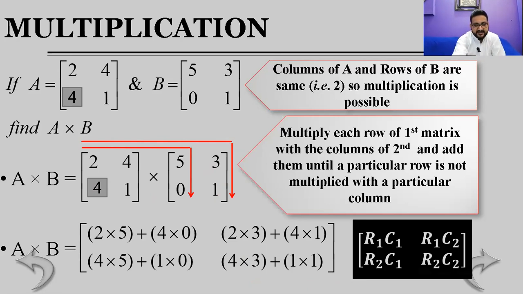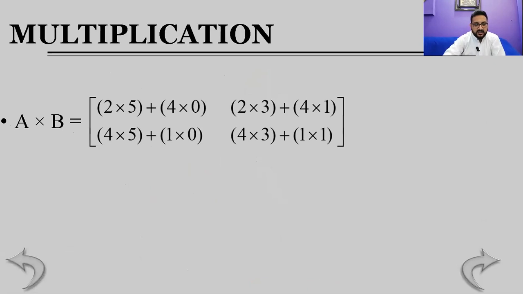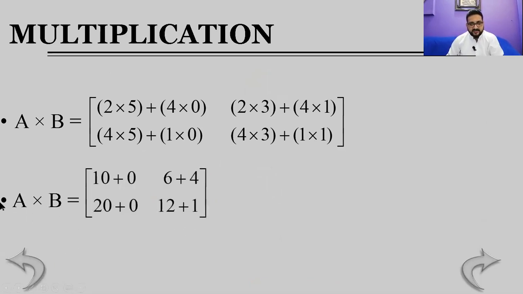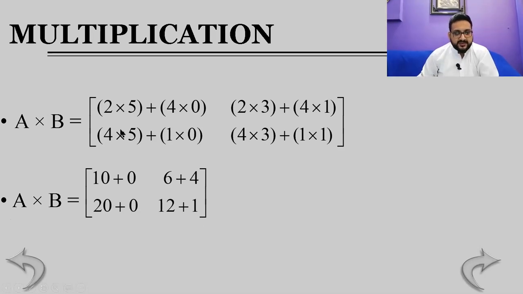Now moving to the next slide. The last step before this slide is in front of you, and now you can see the values of the answer. आंसर शो हो रहा है आपको? अब देखें, 2 5 जा 10, 4 0 जा 0, 2 3 जा 6, 4 1 जा 4, 4 5 जा 20, 1 0 जा 0, 4 3 जा 12, and 1 1 जा 1.